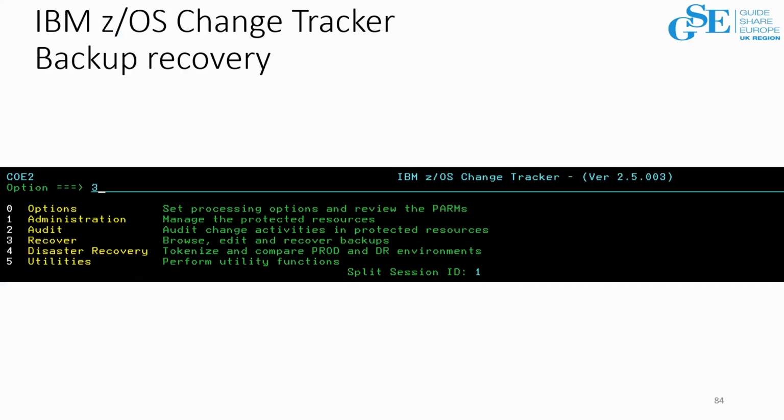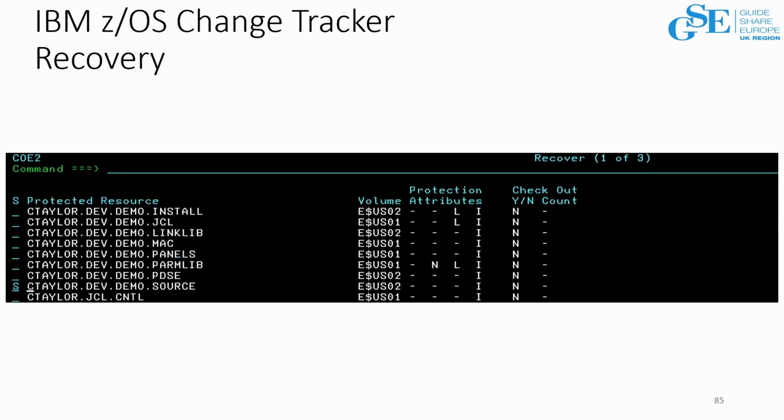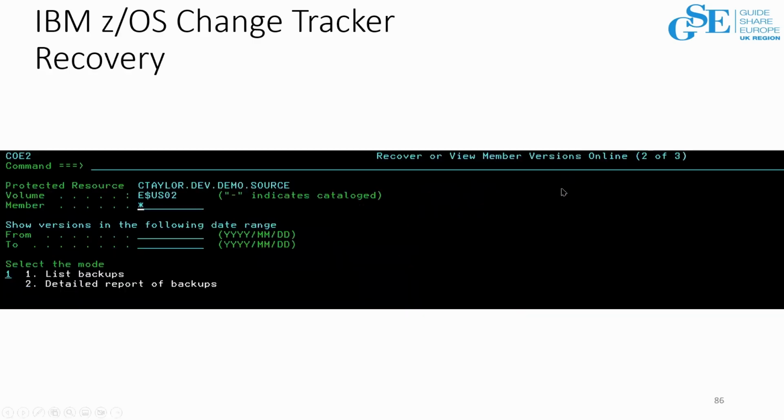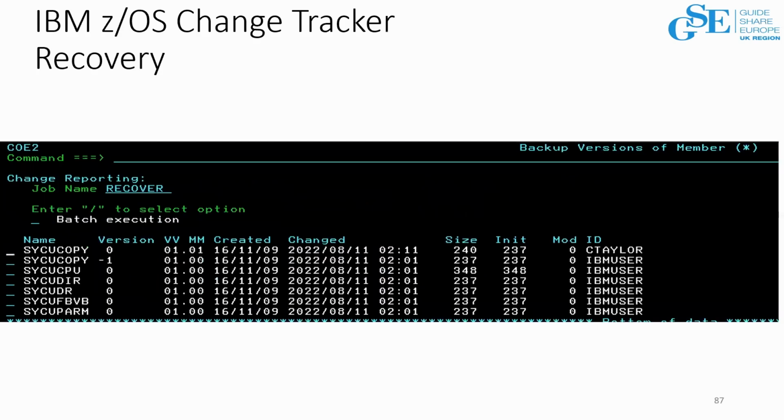If we're using the ISPF interface, in that case we would select option 3, which is recover. We would then select the data set in question that we want to recover. We can then look at the various members which have backups, and by selecting that data set, we can see which members have had changes made.